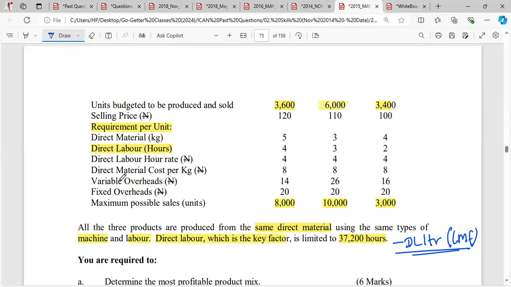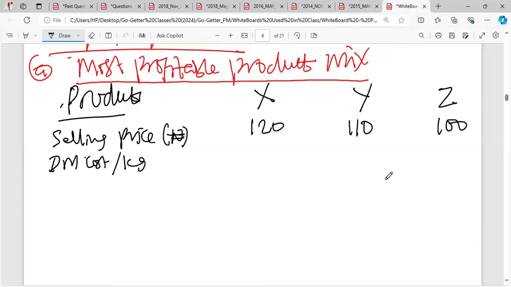Okay, direct material cost per kg, we have 8, 8, 8. This is in naira, 8 and 8.